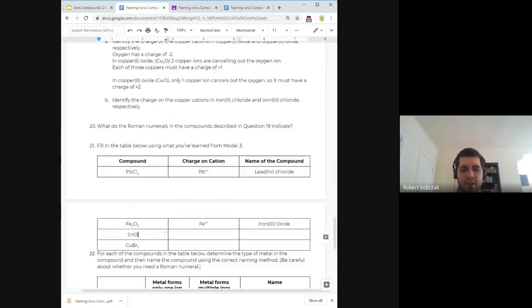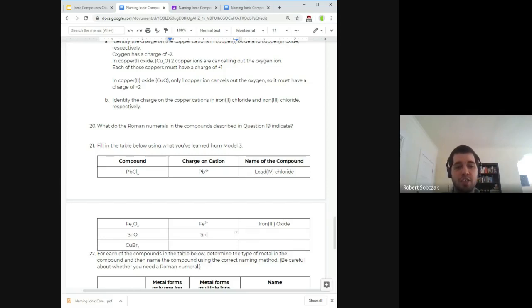So oxygen, as a reminder, you can either look it up in the model or you can remember the last question that we talked about and remember that oxygen has a charge of -2. So if one tin atom cancels out with one oxygen atom, that means that in order to cancel out the -2 from oxygen, you're going to need a +2 from tin.